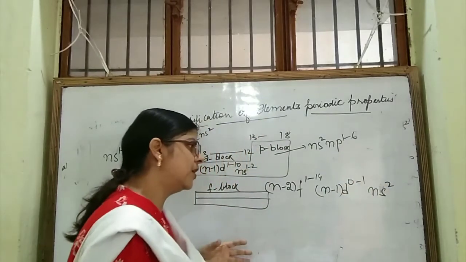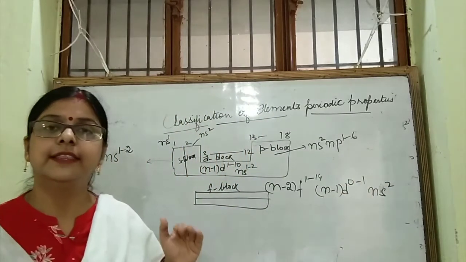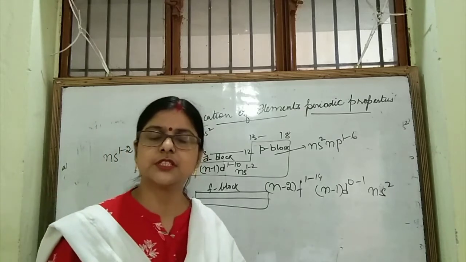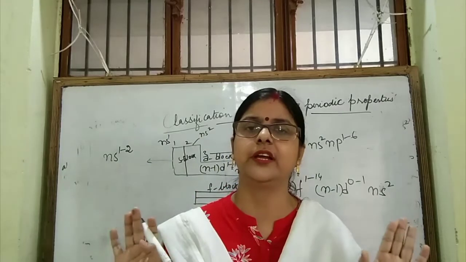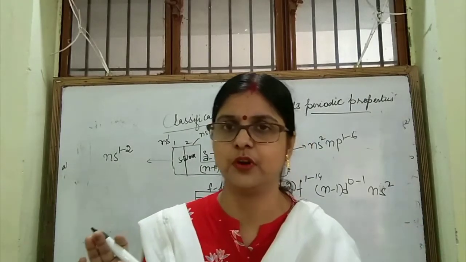So first of all, we'll have to remember that the modern periodic table has been divided into 4 blocks and the general electronic configuration of each block.